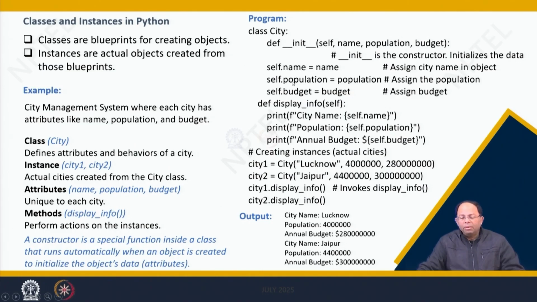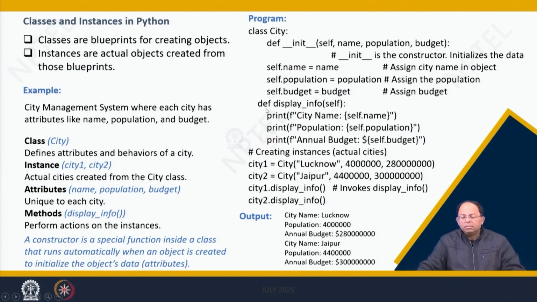Because we are initializing, we use this self argument. So I am initializing within myself the different attributes: self.name equal to name, self.population equal to population, and self.budget equal to budget. That means within this class I am first storing name, population, and budget within myself.